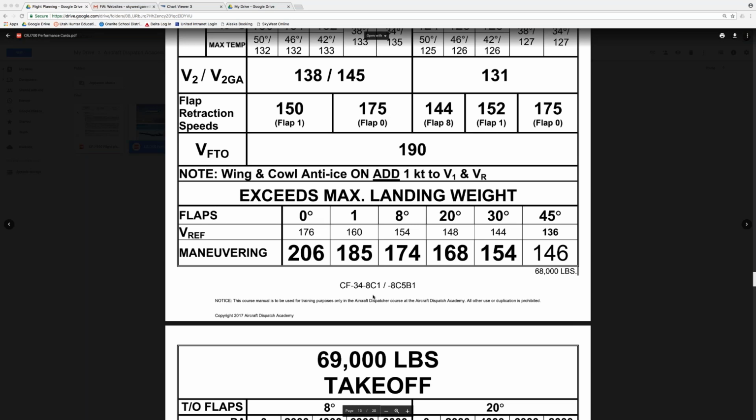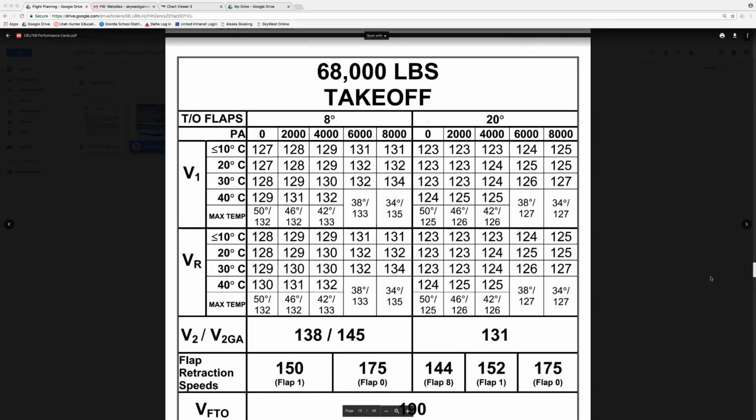The only thing it does, like Adam was talking about, is that flaps increase the lift of the aircraft. They also increase the drag, and that's why we get worse performance numbers out of our flaps 20 setting. But they do help us get off the ground quicker. And you can see that when we're looking at this chart here.